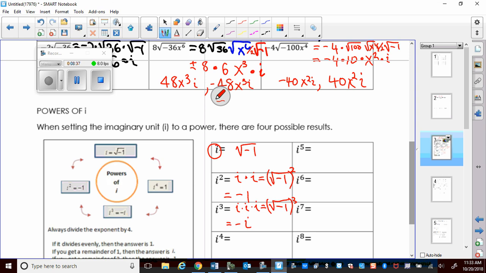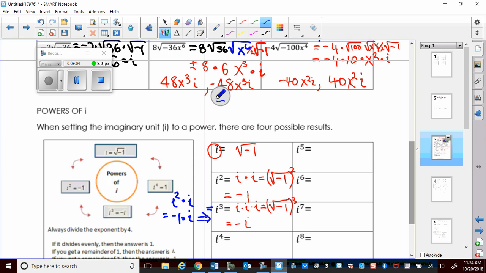So how did you do that? Well, if you break this apart, which I want you to see, you get i squared times i. And this is the same as saying negative 1 times i, which equals, in turn, negative i.